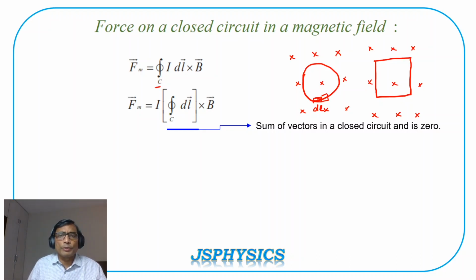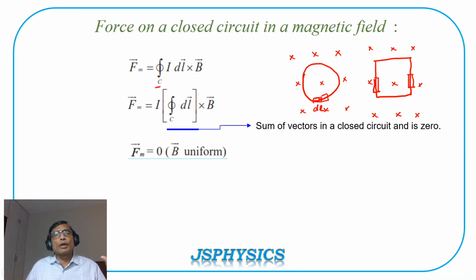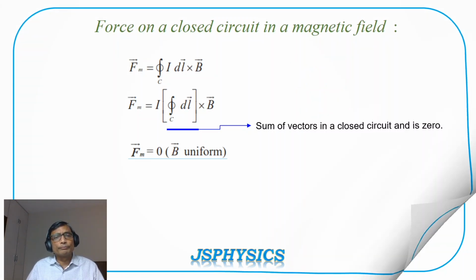That comes out to be zero, because if you take one particular length element somewhere here, and another length element somewhere here, then the force acting on them will be equal and opposite on both sides. So if you find the total net force acting on all the elements together, then the value of that force comes out to be zero. And that's why the magnetic force on a closed loop kept in the magnetic field is zero if the field is uniform.